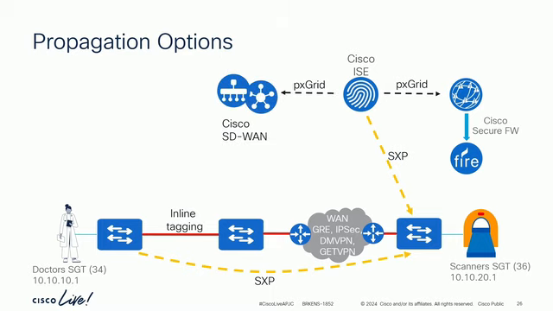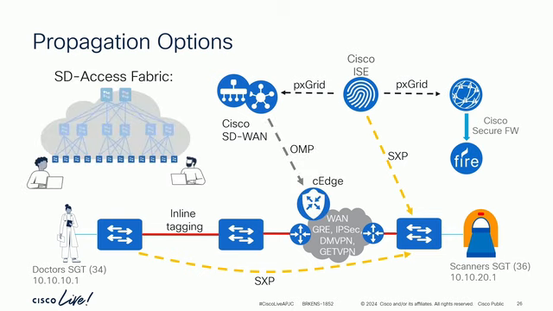We propagate over pxGrid to SD-WAN, the old name being vSmart, we'll use that, and send that down through OMP. We can enforce on cEdges in SD-WAN using groups, as I say, through OMP. And of course, our flagship, Software-Defined Access, propagation is inherent in the technology there, which uses VXLAN. The SGT is put in VXLAN.